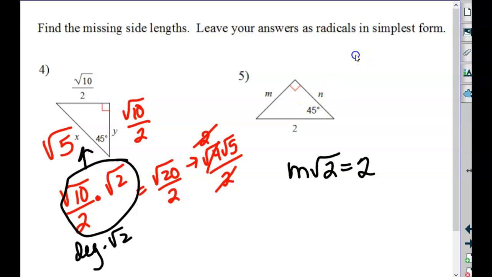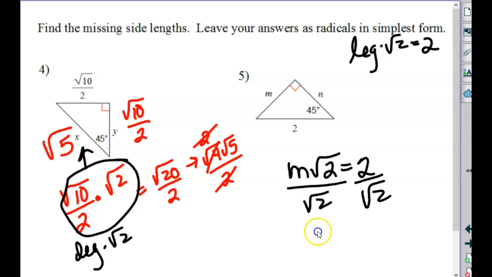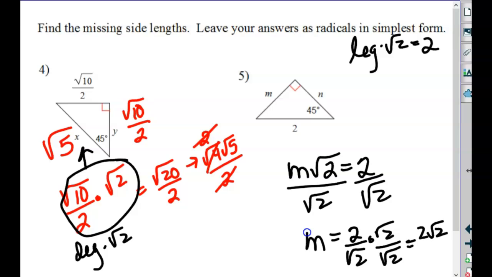One of the legs times square root of 2 equals 2. So if I divide both sides by square root of 2 to figure out what m is, I get m is 2 over the square root of 2, which when I rationalize becomes 2 square roots of 2 over 2, which is square root of 2, like Xavier said, but I want to make sure we get it.